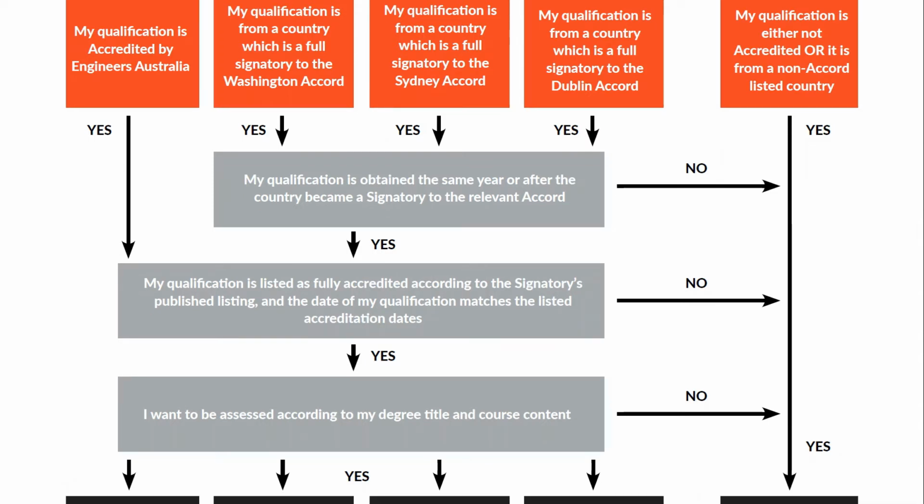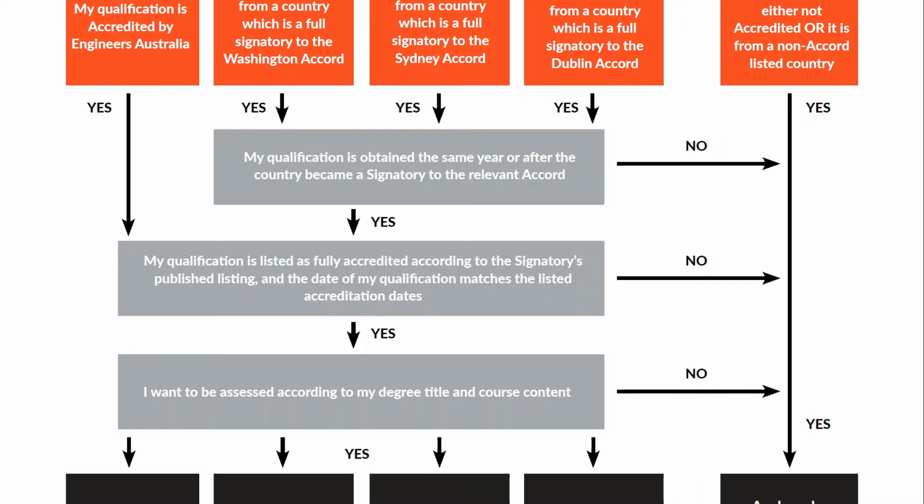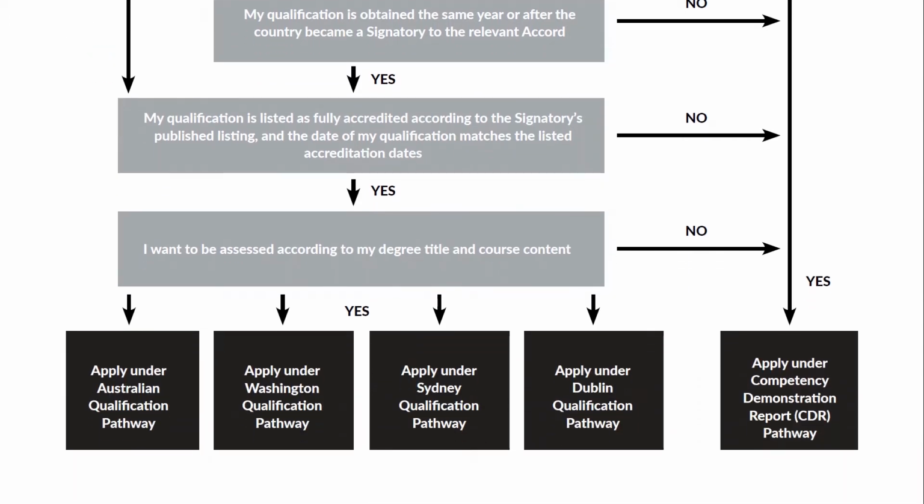This is how it works. This graph already defines everything. You can read it from there also. All of those who don't fall under these categories have to apply under the competency demonstration report, the CDR pathway.